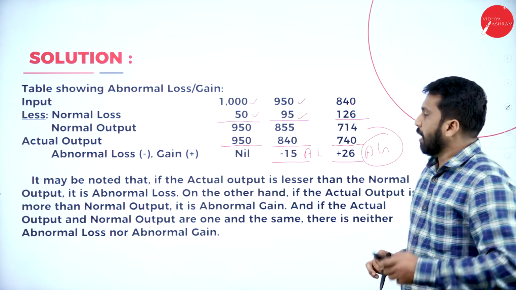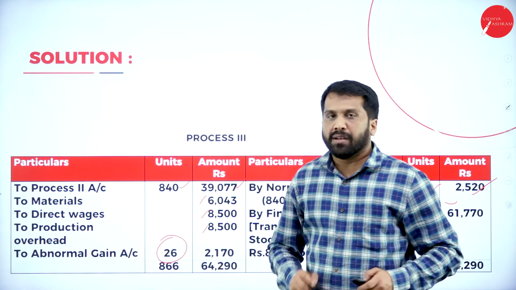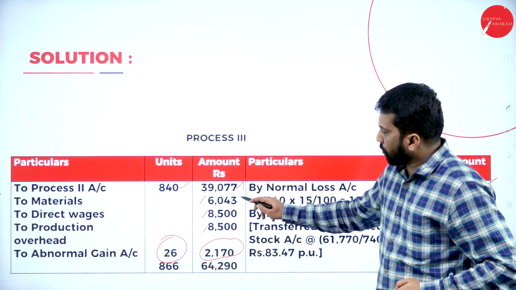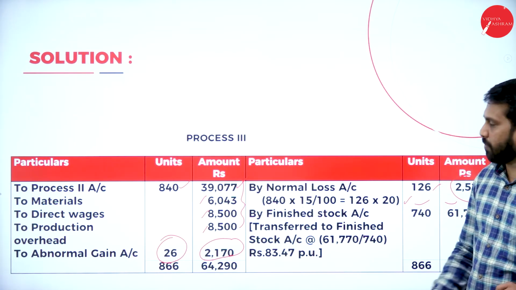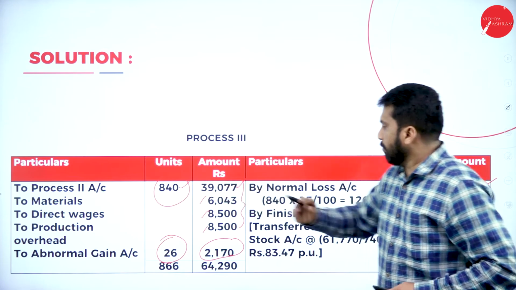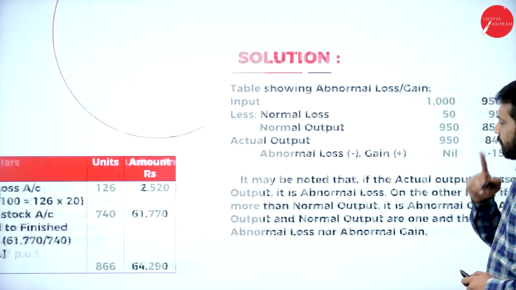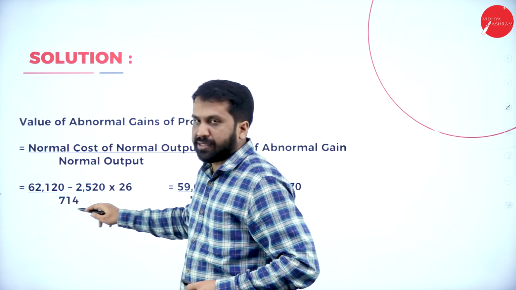Abnormal gain will come under this side. What is the value of abnormal gain? Simple. Your total minus this value, your unit minus this value. That's it. Easy. I'll show you. Total minus this value, this minus this.